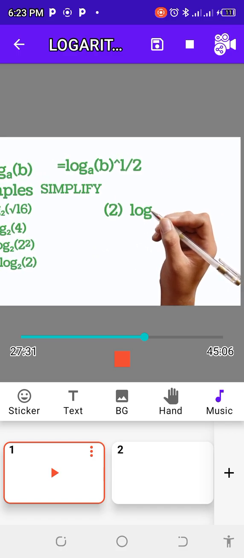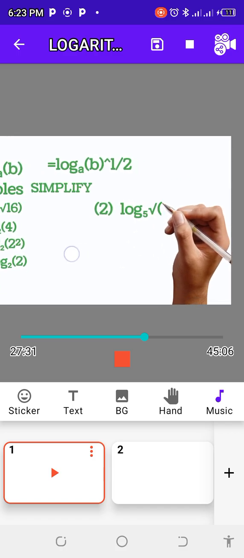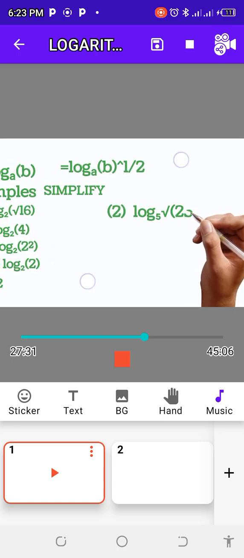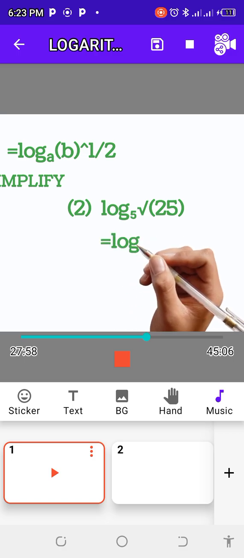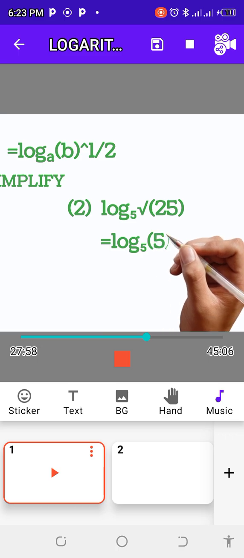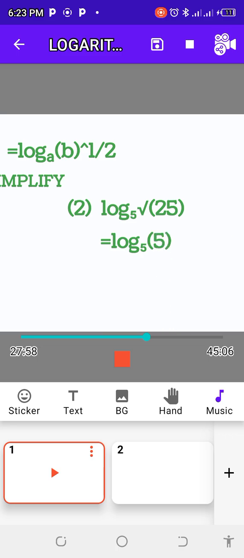Then example 2 in this series is log of the square root of 25 base 5. The square root of 25 is 5, so it automatically becomes log of 5 base 5.